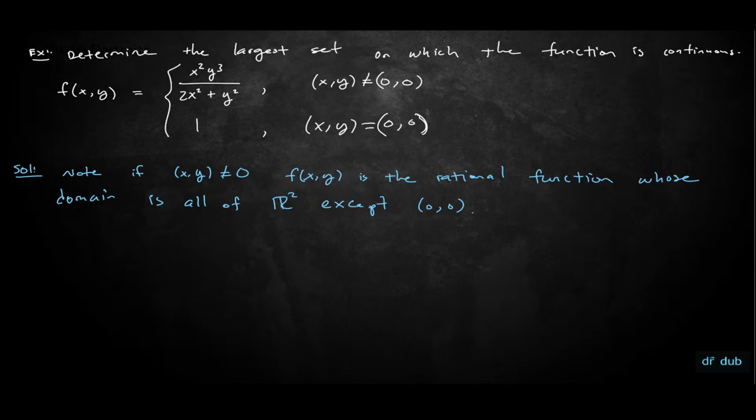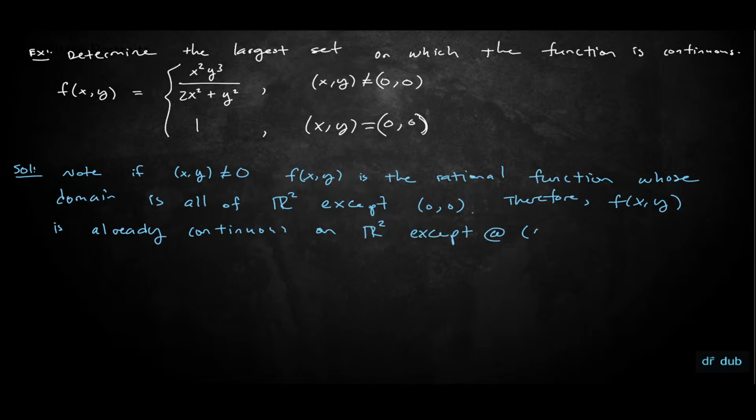Therefore, f of xy is already continuous on R2 except at the point 0, 0. Potentially.